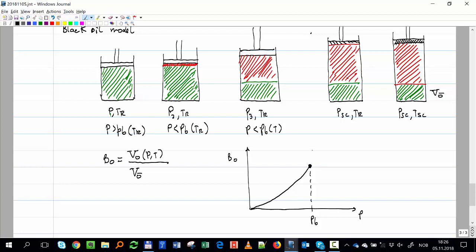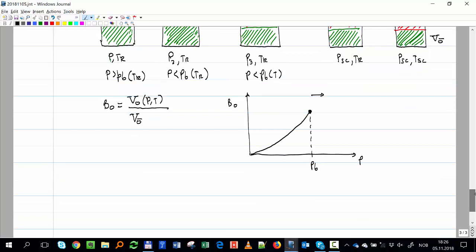Now, what happens from this point on? You have pure oil, but the volume of oil is also affected by pressure.